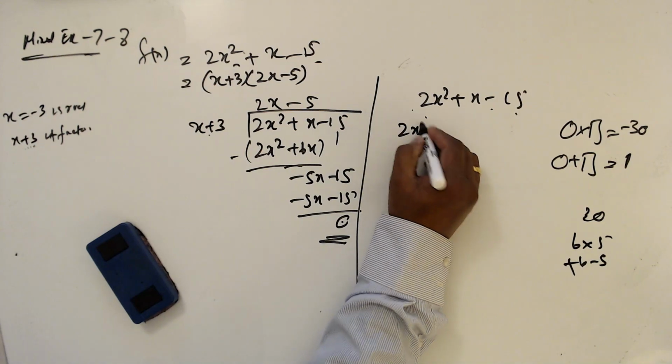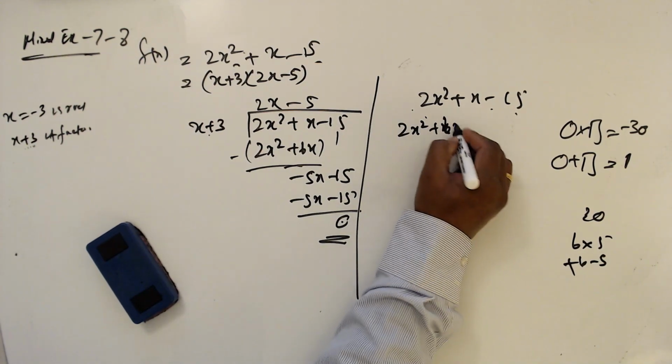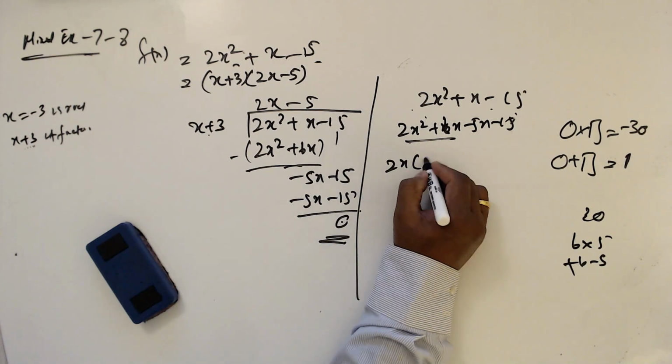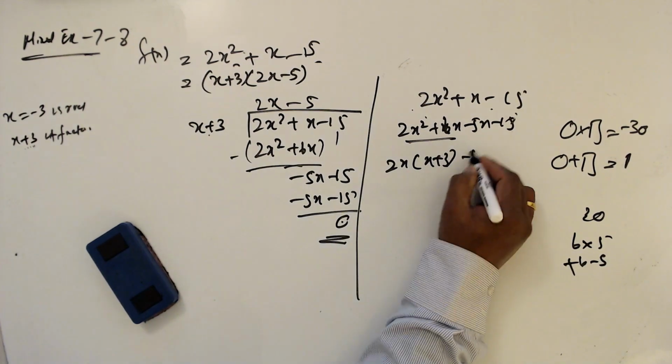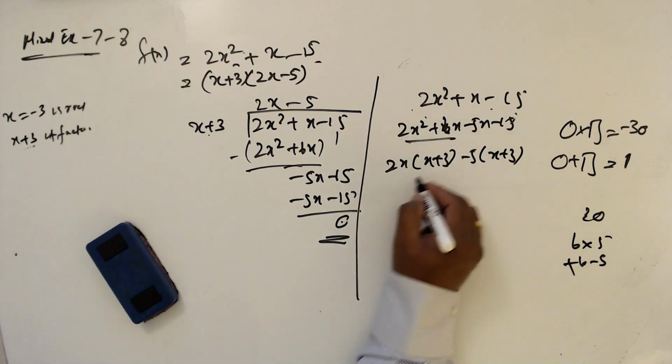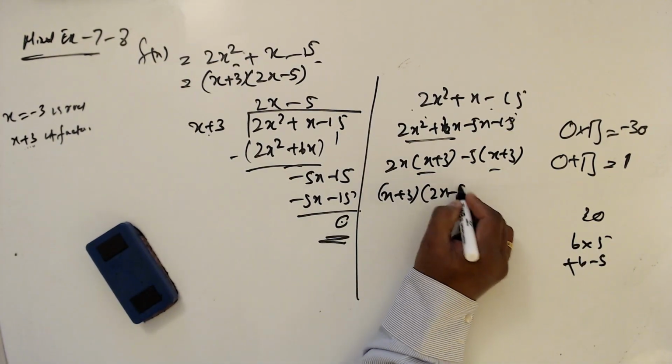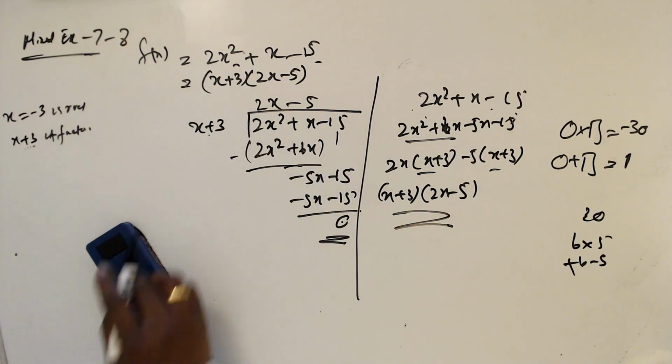So 2x squared plus 6x minus 5x minus 15. This is 2x times x plus 3 and minus 5 times x plus 3. x plus 3 is common to both. So this is going to be 2x minus 5.